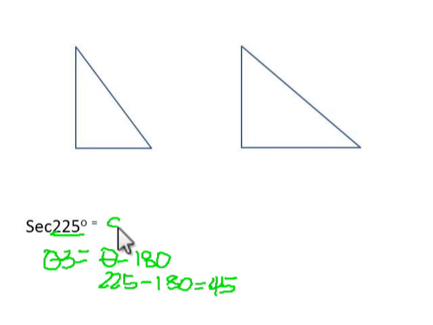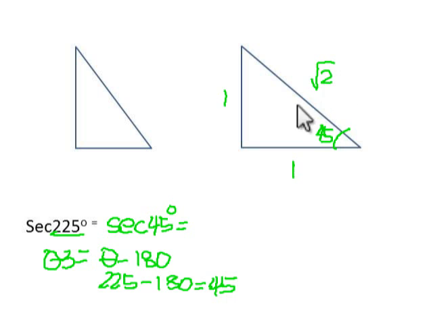So, gagamit tayo ngayon ng secant 45. Okay? Now, since 45 degrees ang ginamit dito, gagamit ka ngayon ng 45, 45, 90 na triangle. Ito naman ang gagamitin mo ngayon. 45. So, this will be 1, 1, square root of 2. Okay?